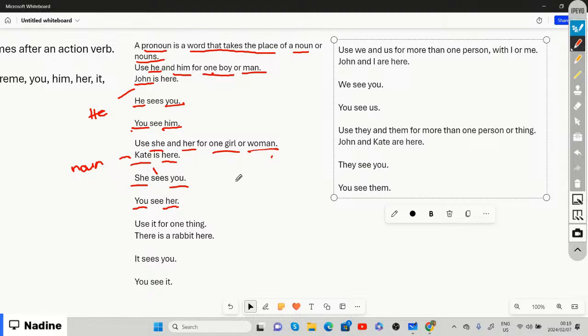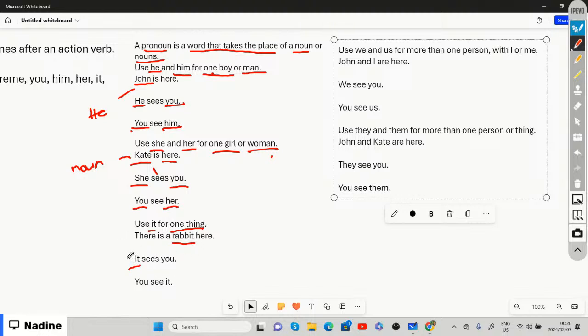And then we also use it to refer to one thing. There is a rabbit here, right? Rabbit being the noun. So if we're referring to the rabbit being here, then we can say it sees you.